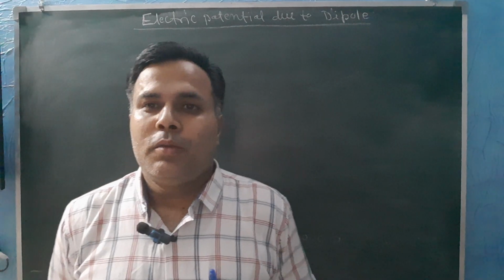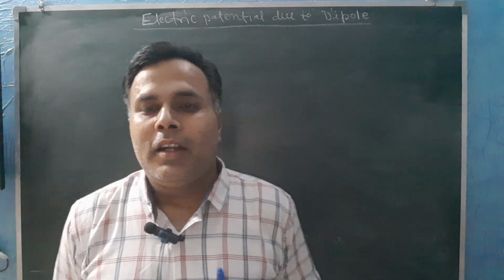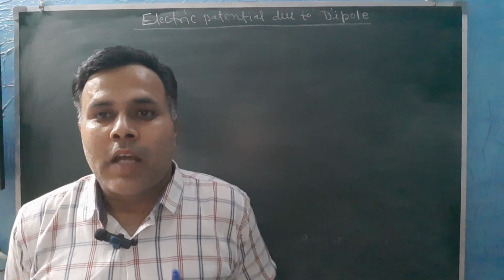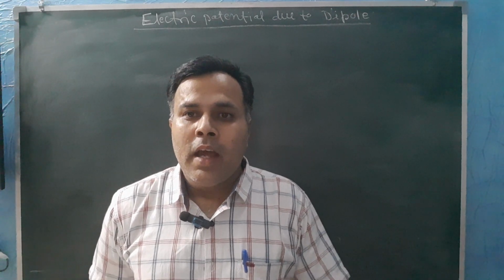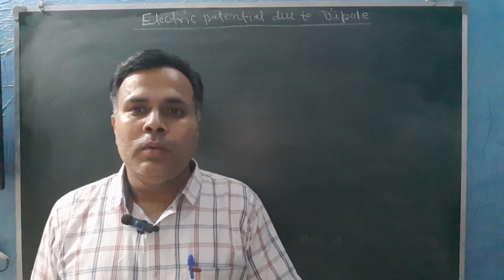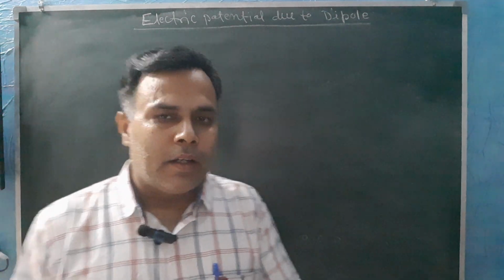In this lecture, I am going to explain the concept of electric potential due to a dipole. So, what is a dipole? I have already explained in the previous lecture that a dipole is an arrangement of two simple point charges which are separated by a certain distance.